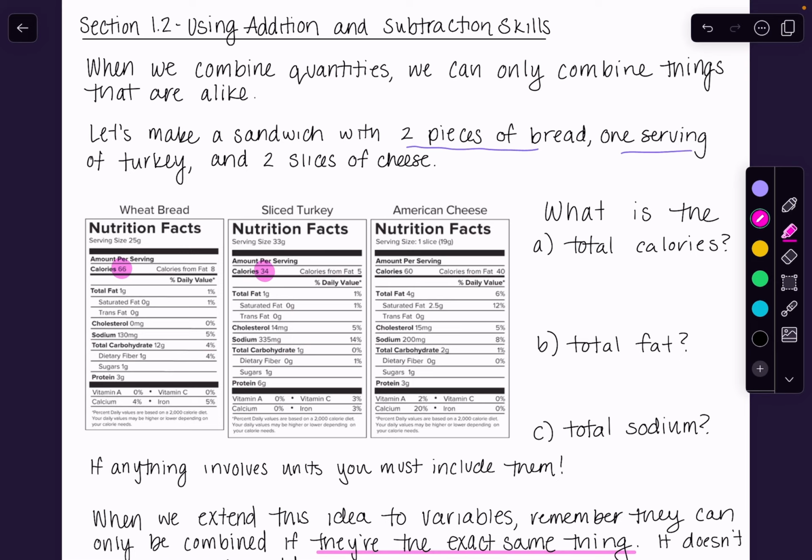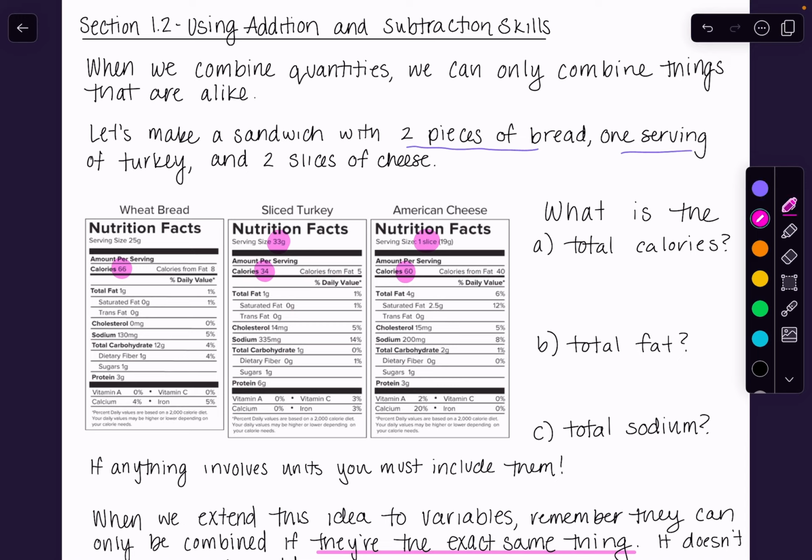For the turkey, it's going to be 34 calories. And for the cheese, it's going to be 60. So although it doesn't say it on the wheat bread, 1 serving is 1 slice of bread. And then for the sliced turkey, 1 serving is 33 grams. And then for the cheese, 1 slice is going to be a single serving.